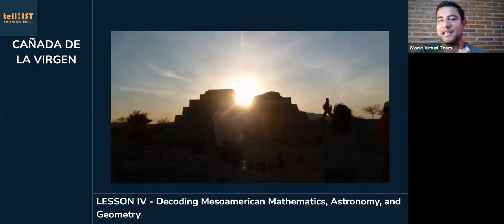But let's consider that all these sacred precincts, the main sacred area of the city, was designed in a way that the different buildings had a relation with the different celestial bodies during certain parts of the year.